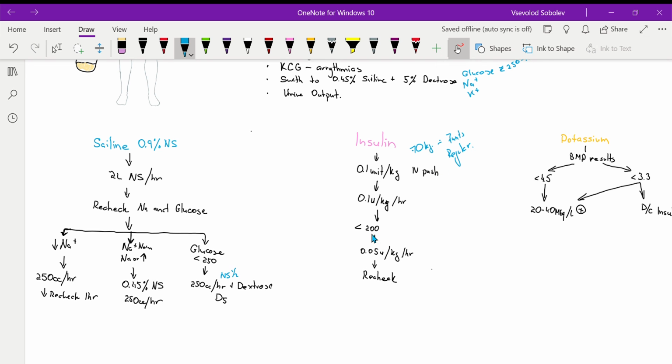If you see that their sugar dropped below 200, then you change the formula to 0.05 units per kilogram per hour, half of that, and then recheck in an hour. And eventually we want their labs to be within normal limits, and also their symptoms plus signs to resolve.